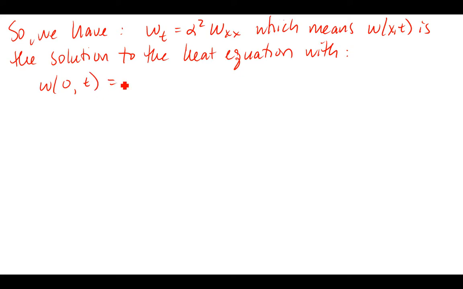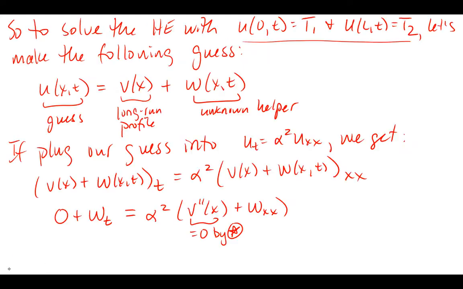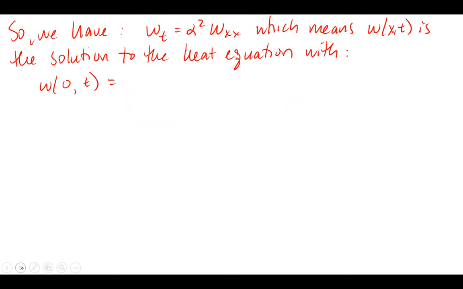Well, remember, U is V plus W, so obviously that's equivalent to saying W is U minus V. I don't want to confuse anybody here, but if I want to talk about W, I could simply say W is U minus V.